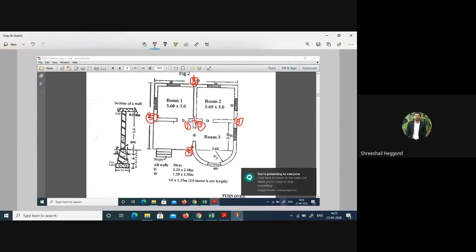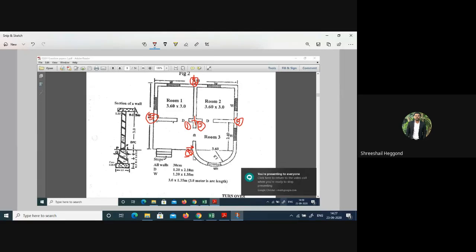Any other T junctions apart from this? And sixth, you have a total of 6 T junctions.